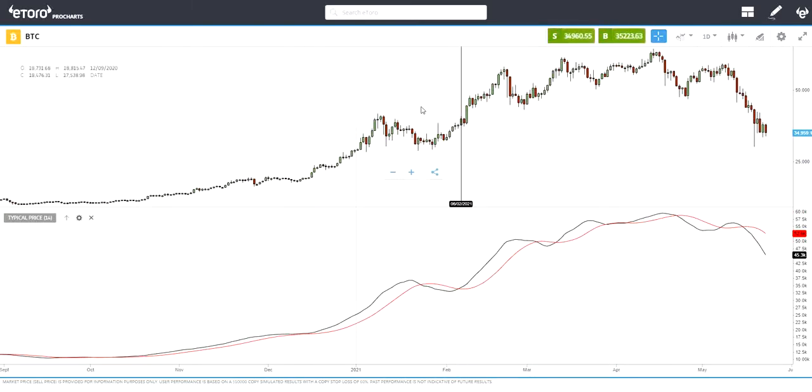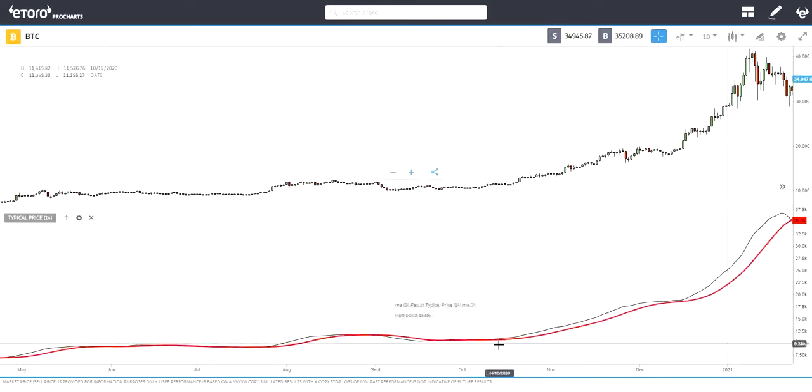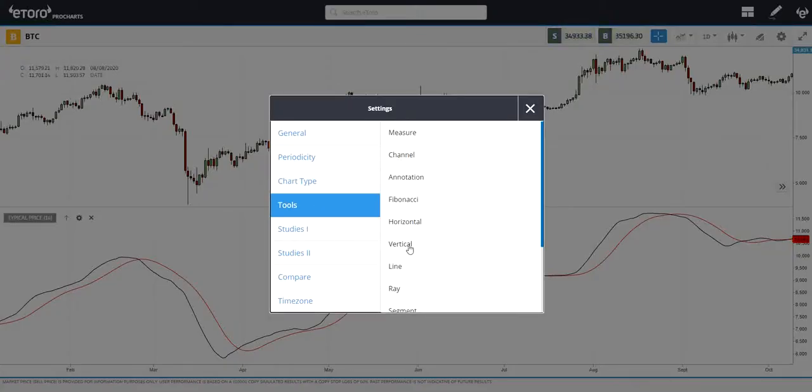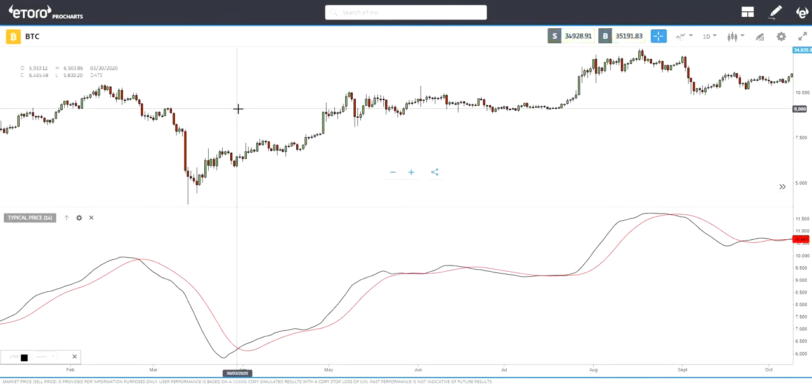If we go back, we can see especially here, remember last year in March, when Bitcoin price went even below 4K. If I add another vertical line here, if you had listened to this and bought plenty here, then you could close some here.